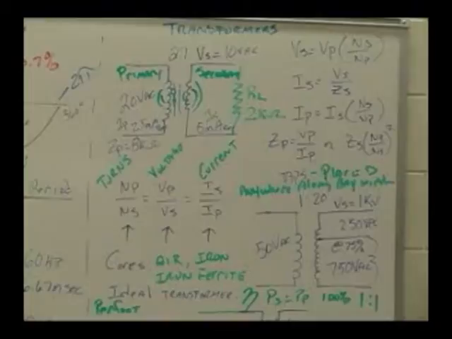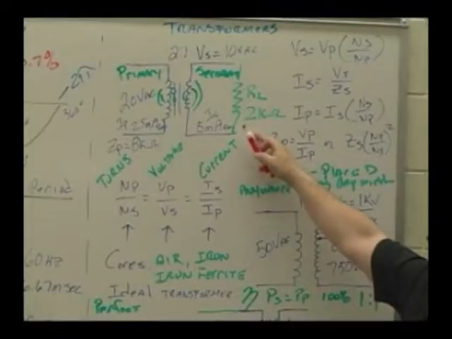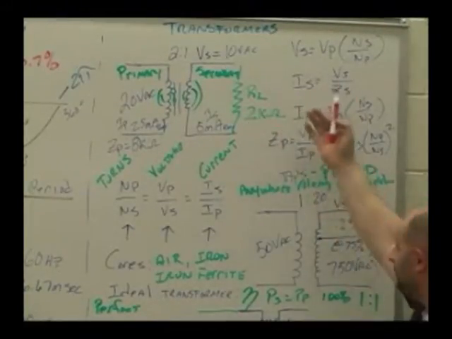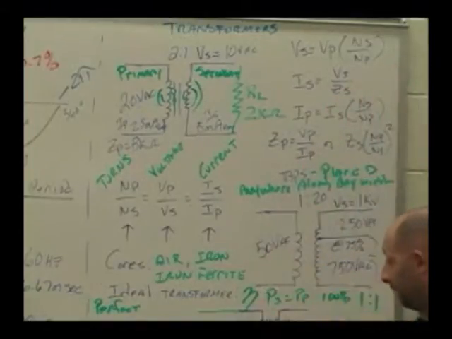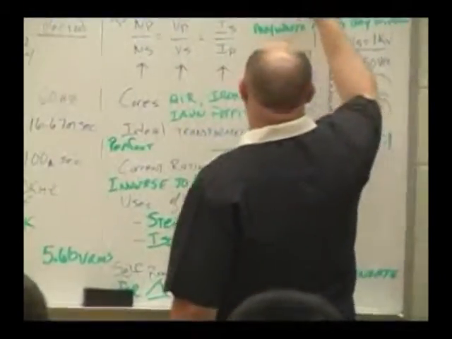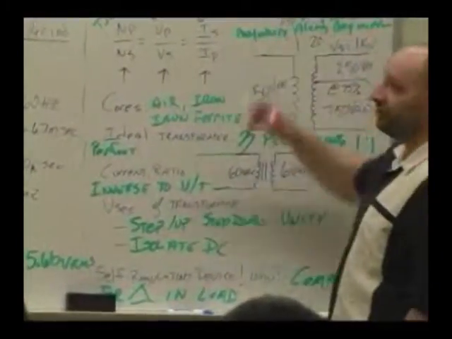We need to do something to this load to prove something, right? We gotta change it so we can prove that the transformer is a self-regulating device. So this time, since in the lesson we increased, let's decrease.